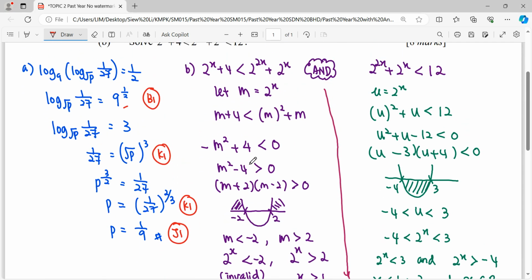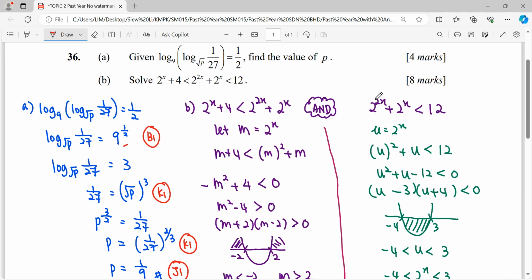So now we're going to see what are the important steps here for these 8 marks. Firstly, how you separate these inequalities or you do the new definition of these inequalities is very important. So we must have this and the definition of "and" and another inequality. This is the form that you need to write correctly.